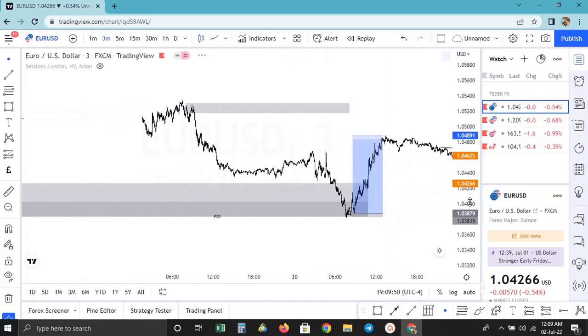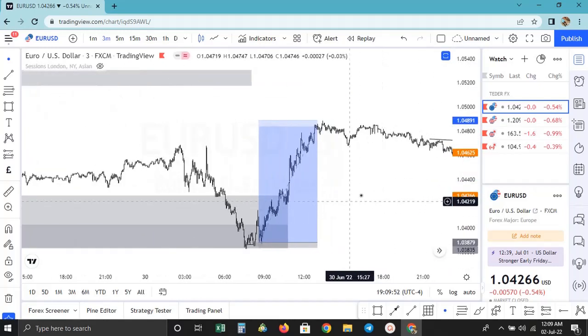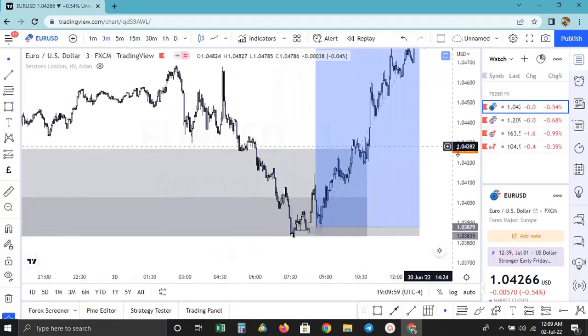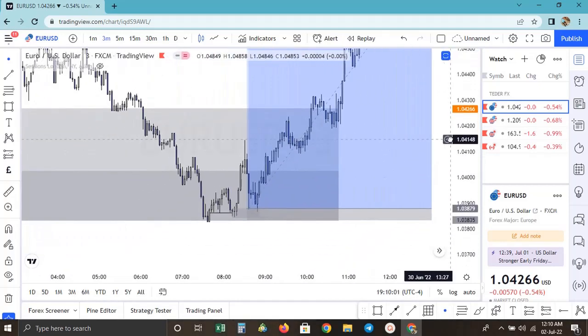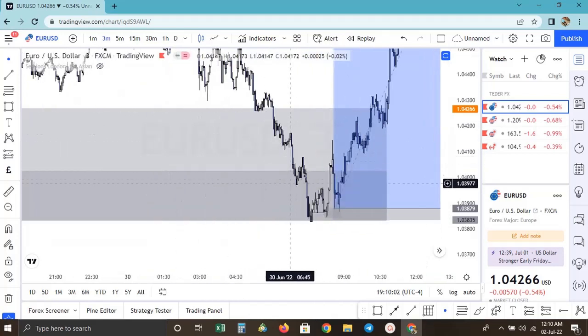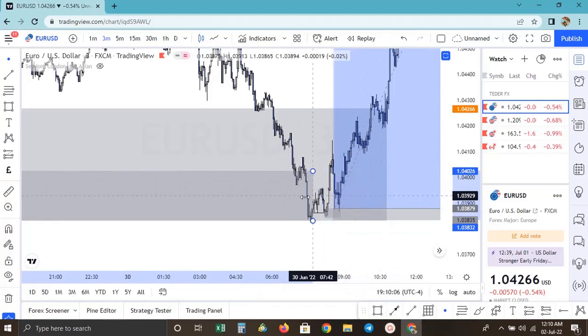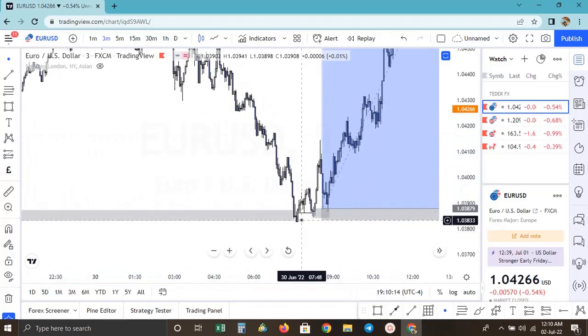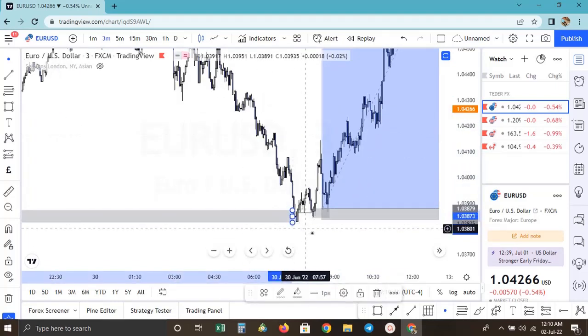That is where we got that sniper entry, family. 4 pips drawdown, family. Let me just adjust this so that it will not be crowded. This is our 15-minute order block right here.